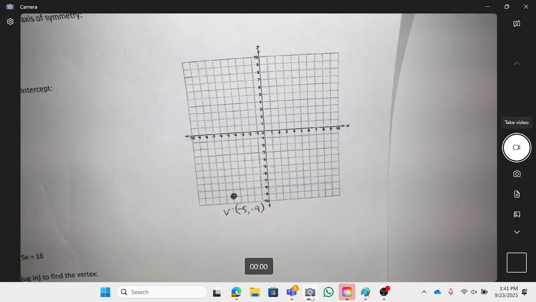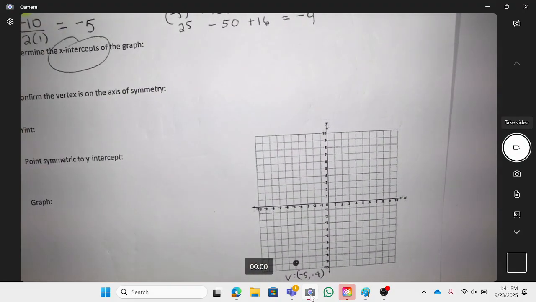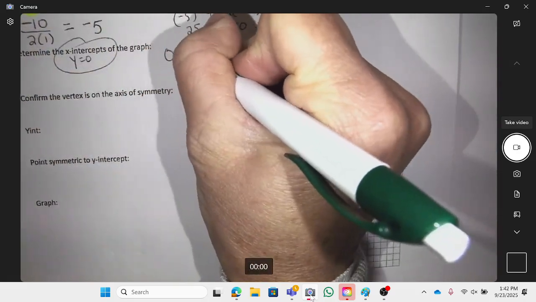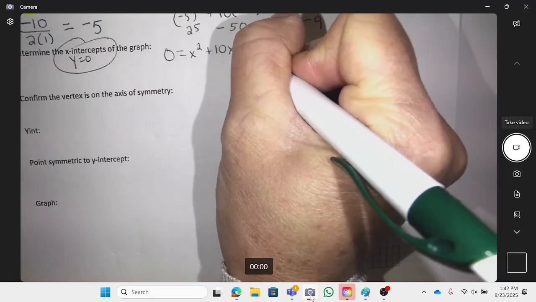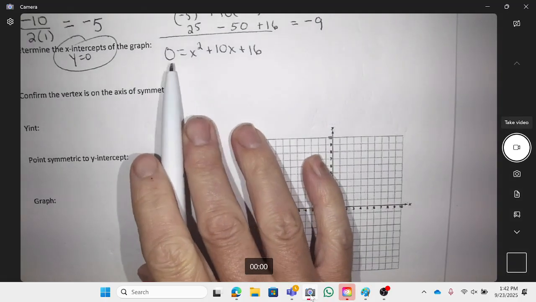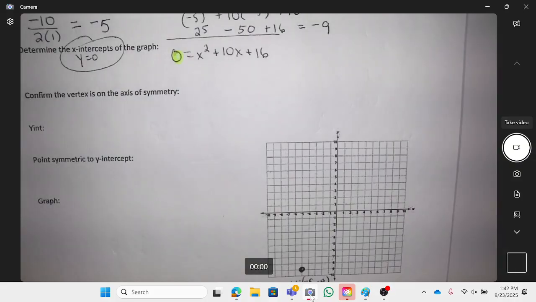Okay, this was the brain buster yesterday. What does it mean when I want to get it to an x-intercept? Y equals 0. All right, so you told me to put 0 in for y.